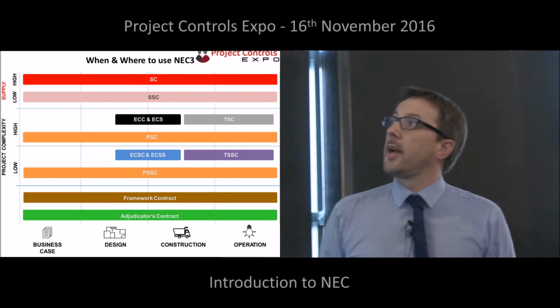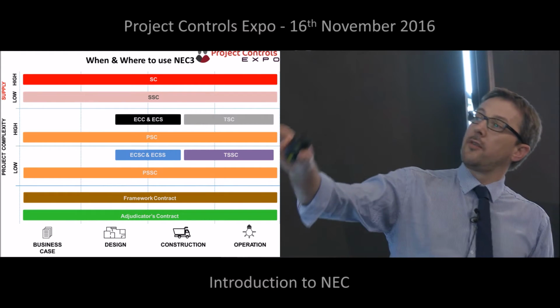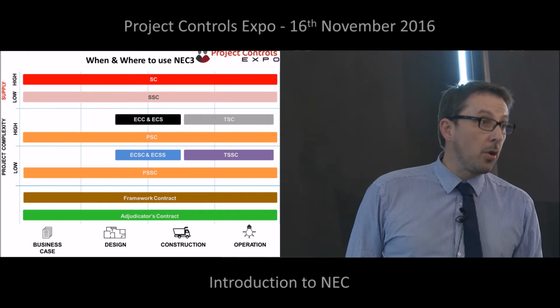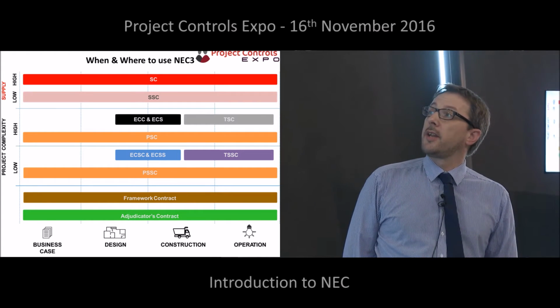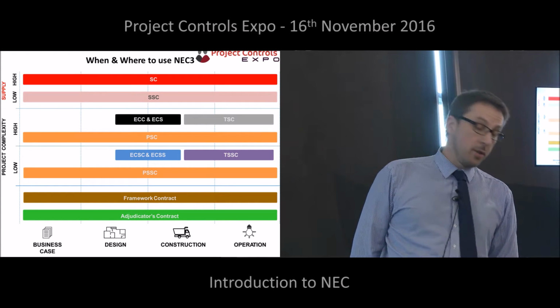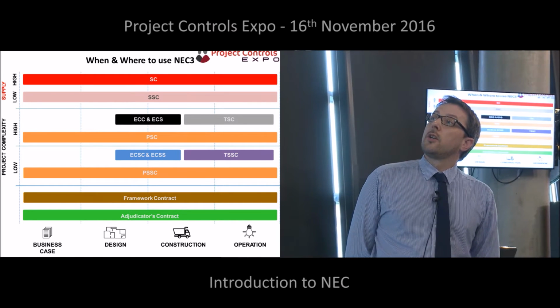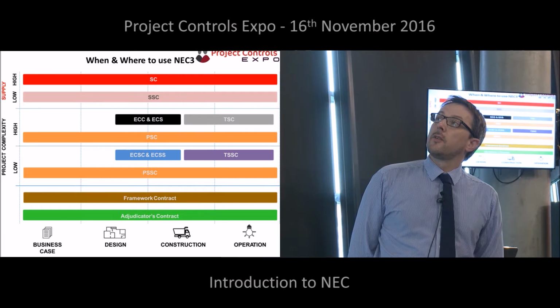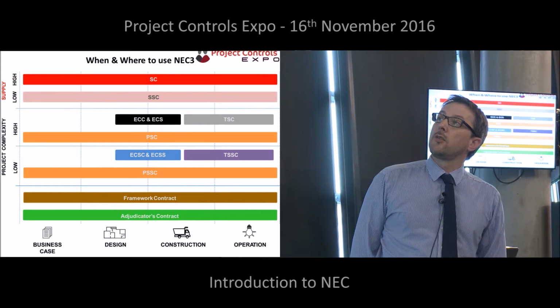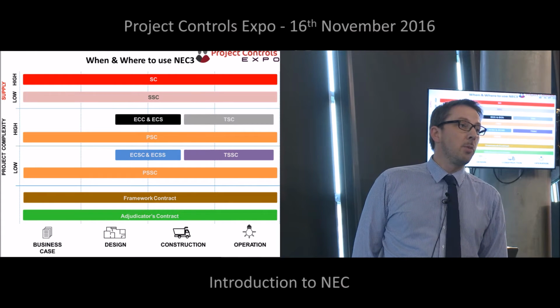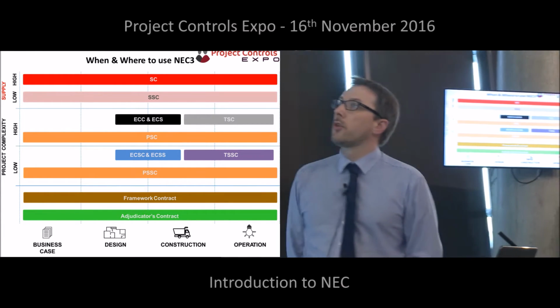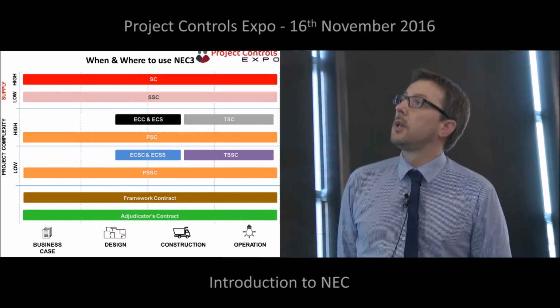So at the bottom of the slide, you've got the stages of a project between business case, design, construction, operation. And then at the top of the slide, you've got the first contracts, the supply contract, and whether it's high or low complexity from a risk point of view. You've got the short form and the long form.